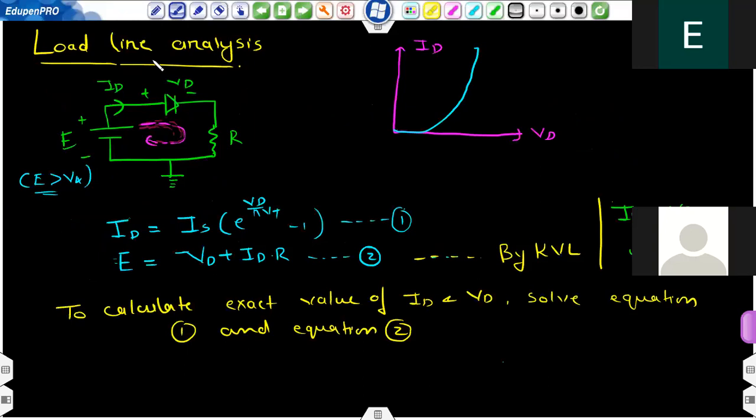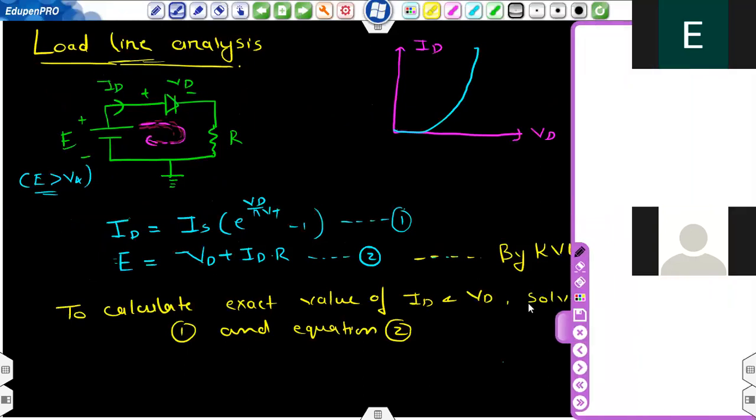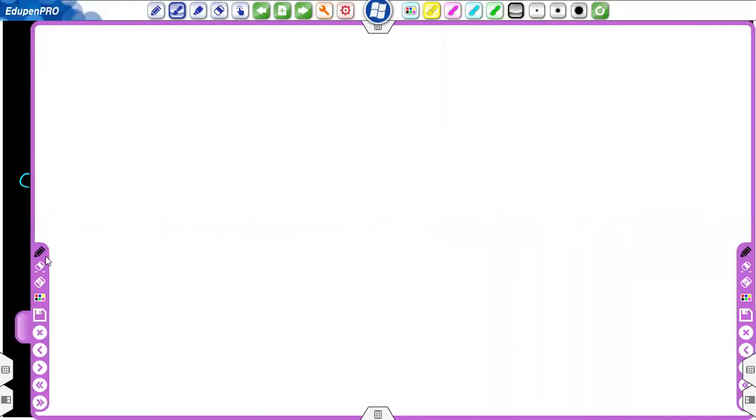So, starting with load line analysis. Let me take an example before starting this. Let's say we have two curves, y equal to x, and the second curve is y equal to ax plus b. Both are linear curves, and you can solve them easily.